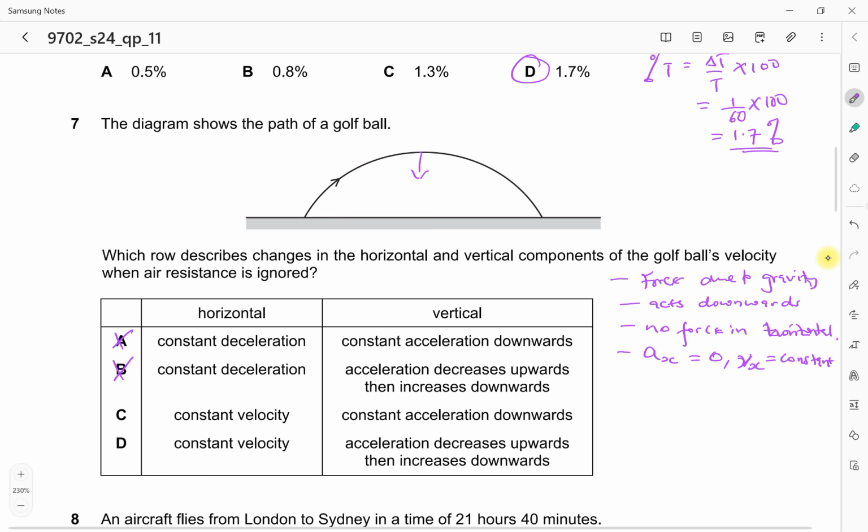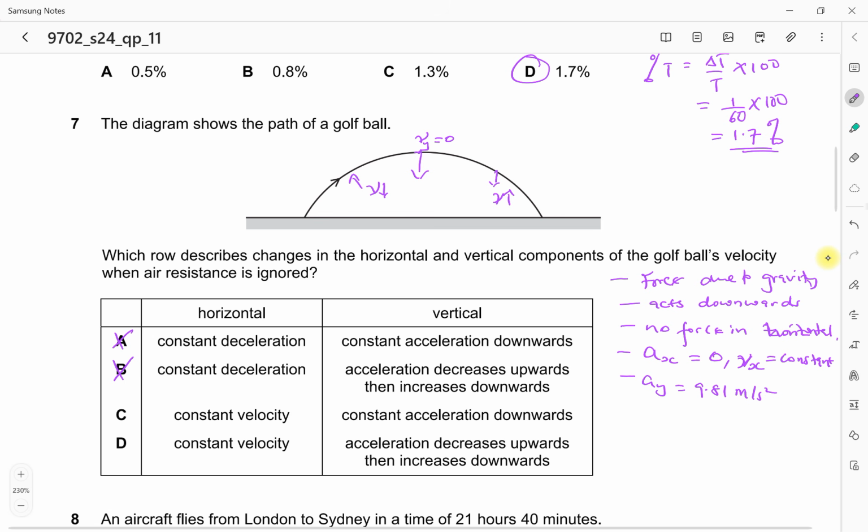So when the ball is moving against gravity, the velocity decreases. At the highest point, v in the vertical is equal to 0. And on the way down, v in the vertical increases. Of course, the acceleration in the vertical is constant and equal to 9.81 meters per second squared.